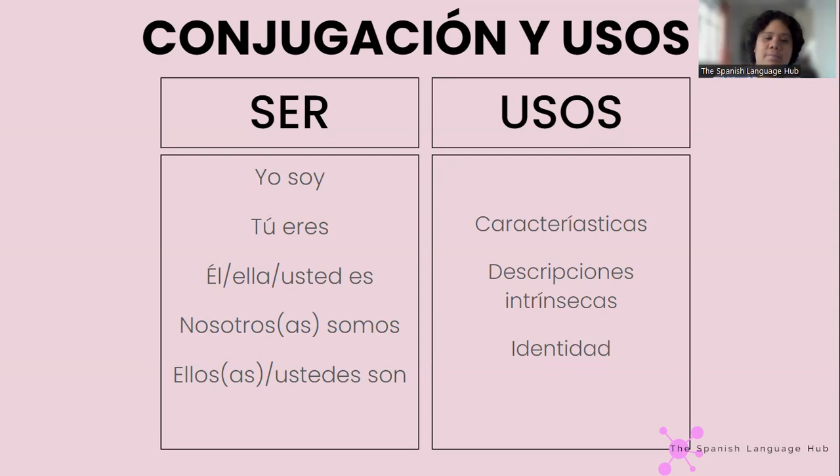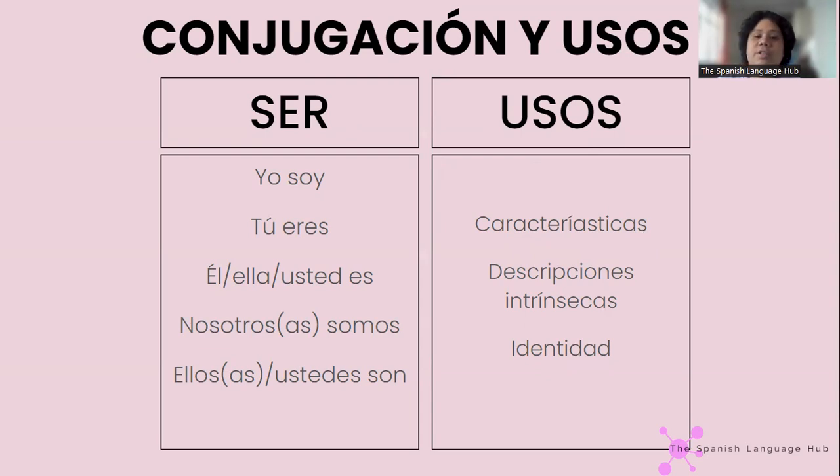So, ser, the conjugation is yo soy, tú eres, él, ella, usted es, nosotros, nosotras somos, ellos, ellas, ustedes son. And we use it, los usos son características, descripciones intrínsecas e identidad. So we use it to talk about characteristics, give you physical characteristics, for example.